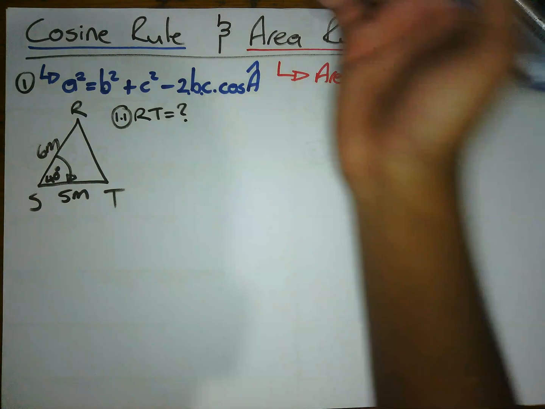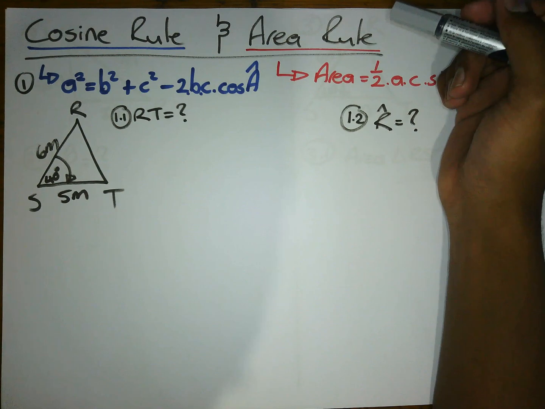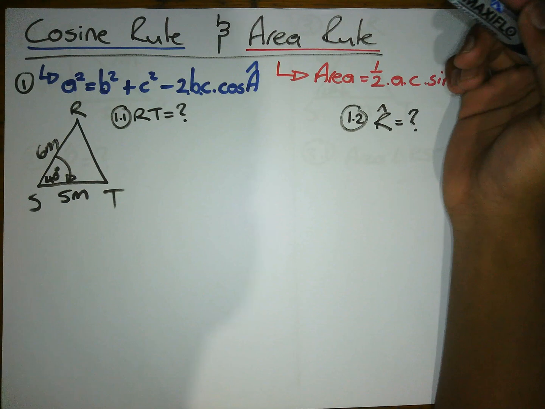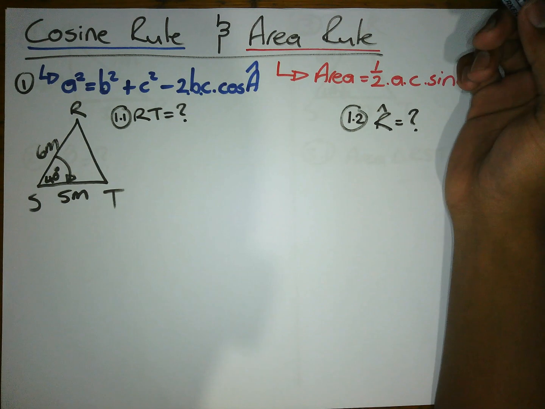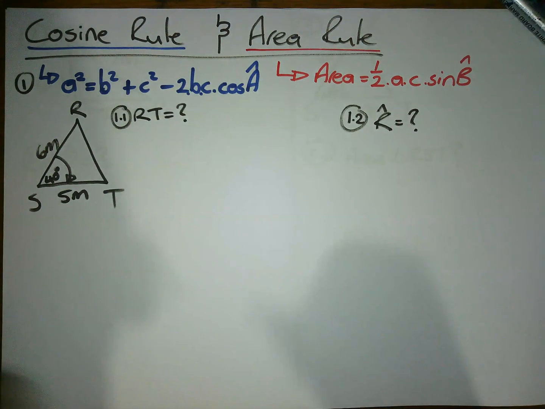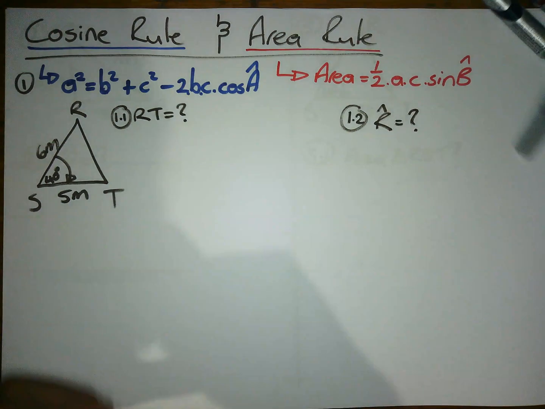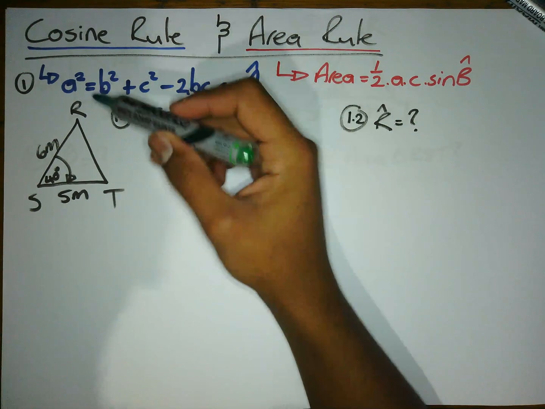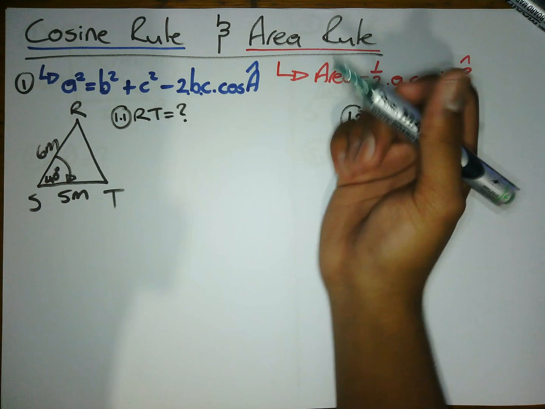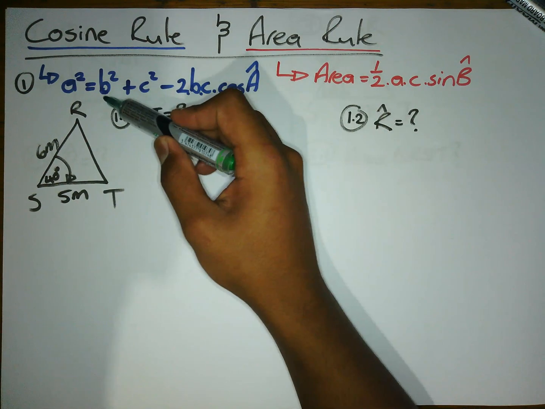So, looking at our triangle first, the first question is to get the length of RT. So, what does the cosine rule say? The cosine rule says, for the length of a side, let's use a green pen. To calculate the length of a side that I don't have, I need the lengths of two sides that I do have.